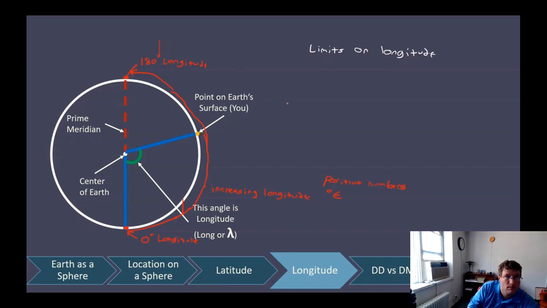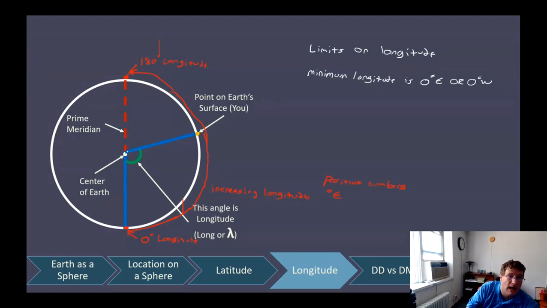And so what we can infer from that is that the minimum longitude is 0 degrees east or 0 degrees west.